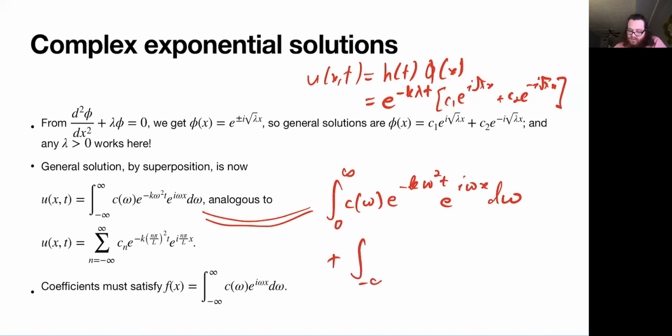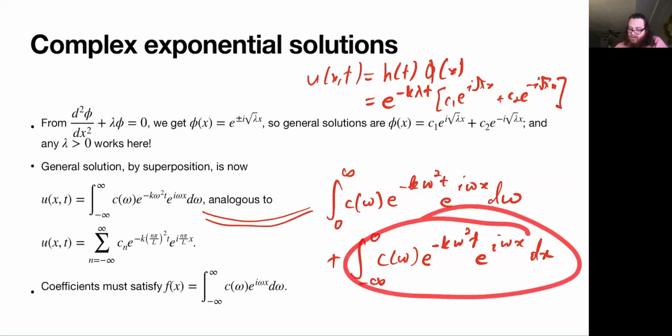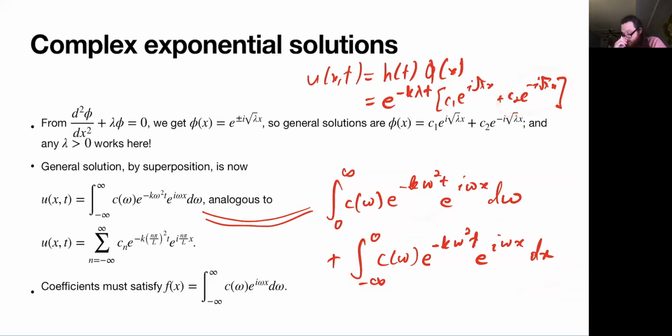Plus, we also sum up over the other half, and we're just going to write everything exactly the same way: minus k omega squared t e to the i omega x. This integral is a superposition for these pieces.